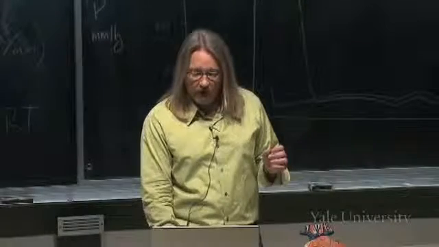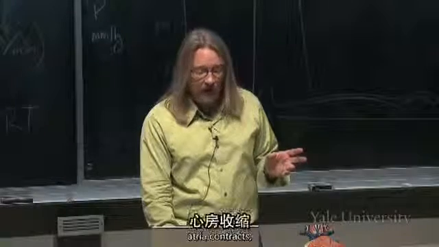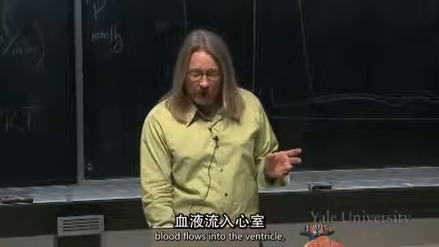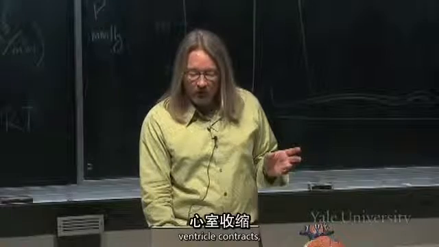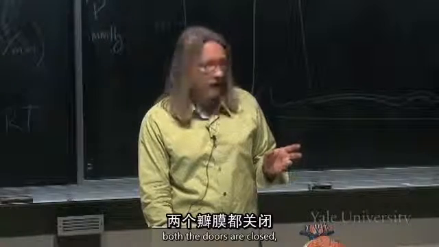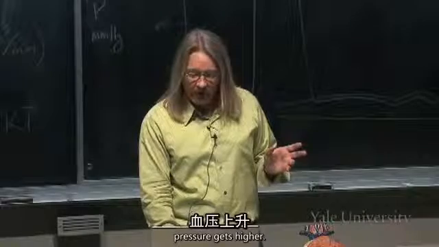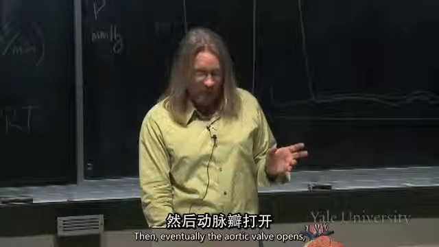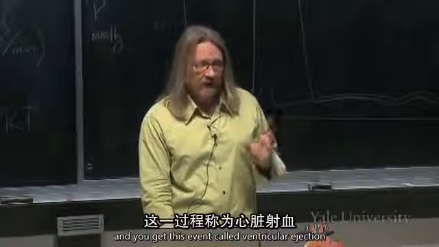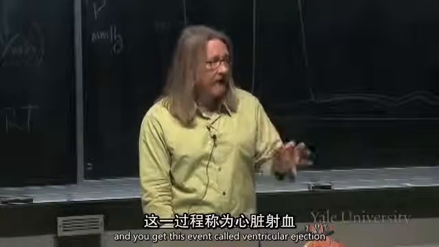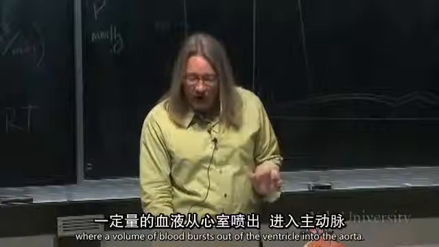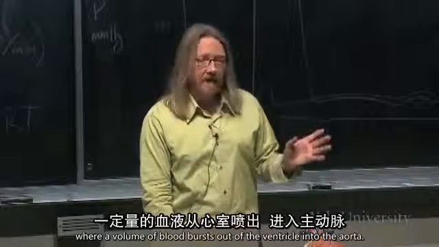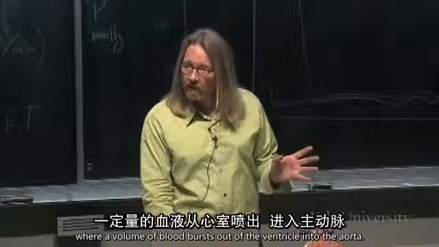Right? Systole begins, atria contract, blood flows into the ventricle, ventricle contracts, both the doors are closed, the valves are closed, pressure gets higher, and then eventually the aortic valve opens, and you get this event called ventricular ejection, where a volume of blood bursts out of the ventricle into the aorta.